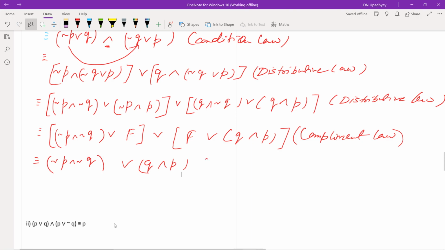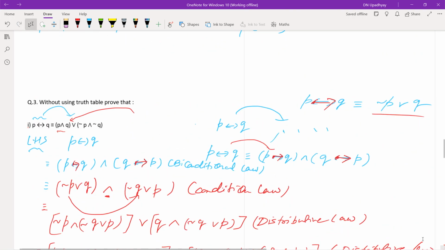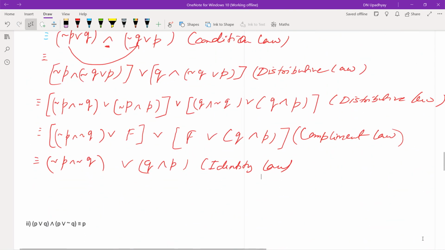So this one, negation P and negation Q, or Q and P. So this is the right hand side actually, identity law, identity.